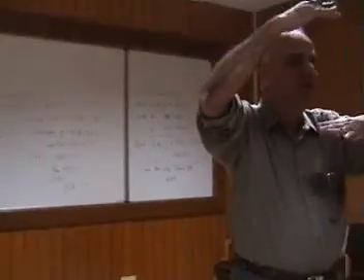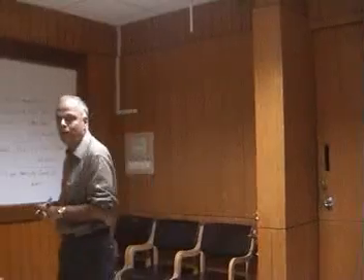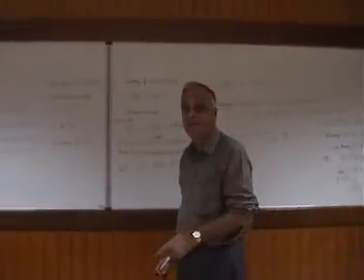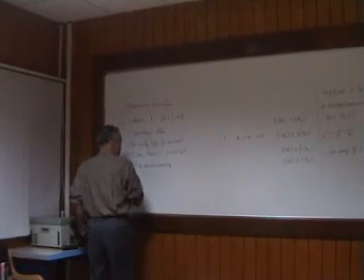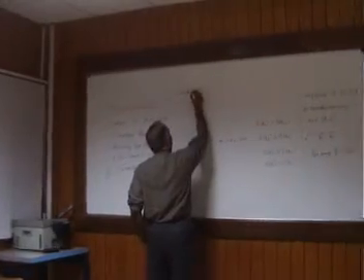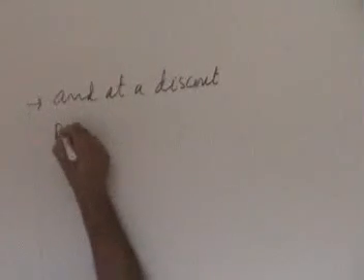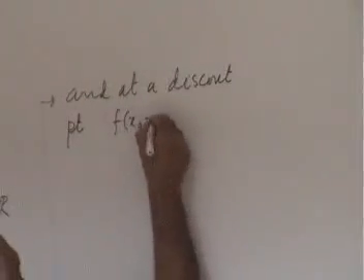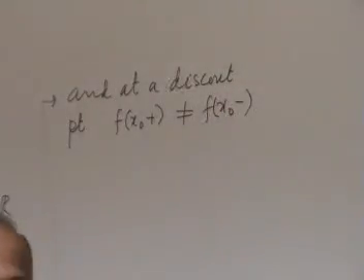One of them will have to be different. The f x naught, f x naught minus and f x naught plus cannot all be equal. If you have a discontinuity point, then f x naught minus and f x naught plus cannot both equal f x naught. So at a discontinuity point, f x naught plus is not equal to f x naught, because if it were, it would also be equal to f x naught and you would get continuity.